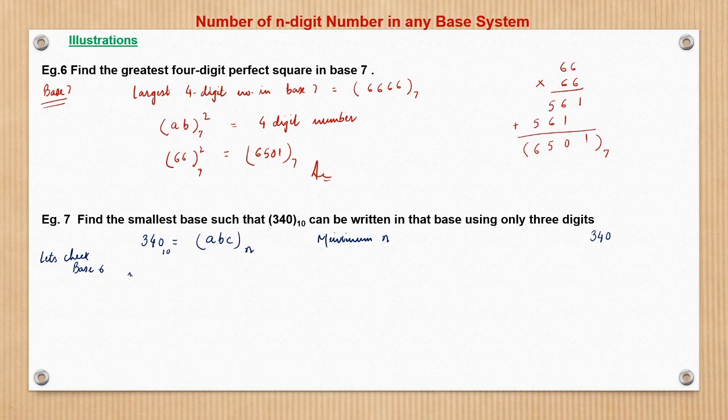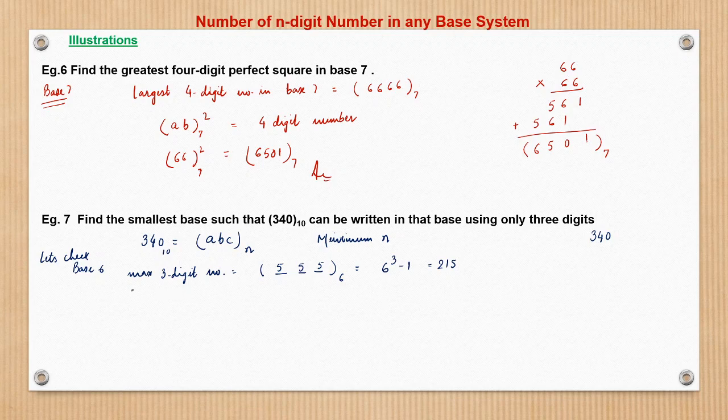What is the maximum 3-digit number in base 6? It is 555 in base 6, which we can write as 6 raised to power 3 minus 1, and this is 215.